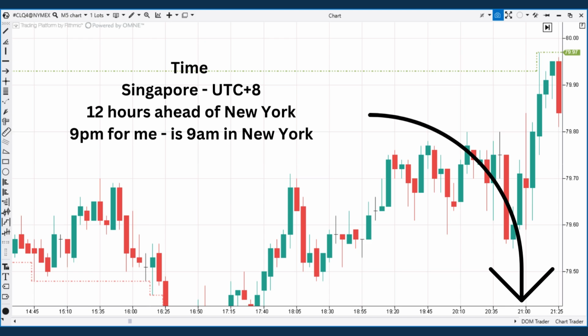So that's the open of LSE, London Stock Exchange. And when you see 9 p.m. on my charts, that is 9 a.m. in New York, meaning the NYSE Open at 9:30 New York is 9:30 p.m. for me. So now that's understood, let's have a look at our example for today.